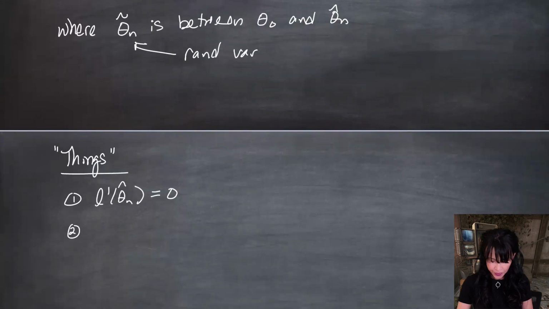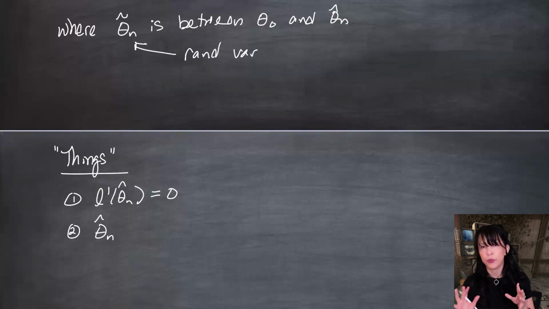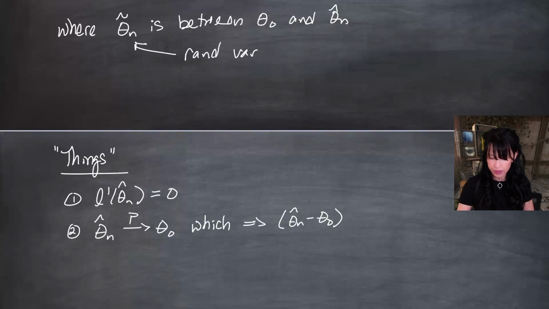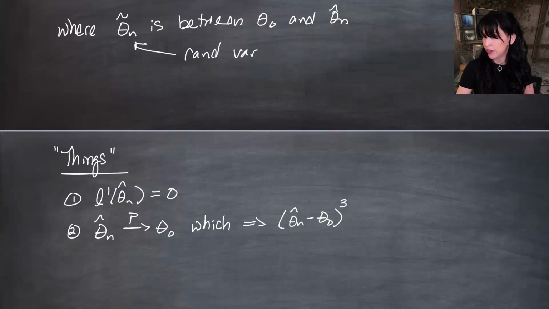Number 2, under the regularity conditions, we have that our MLEs are well behaved, and in particular, they are consistent estimators of the true parameter theta naught that generated the data. And this implies that theta n hat minus theta naught, or the other way around, cubed, squared, or even to the first power, is converging in probability to 0.